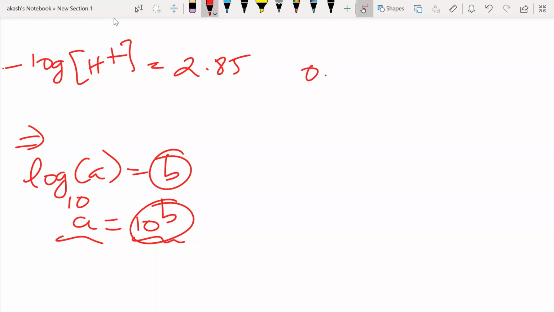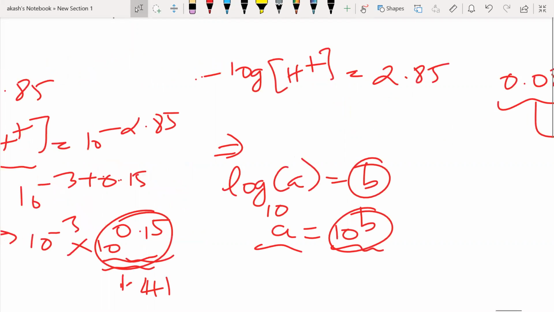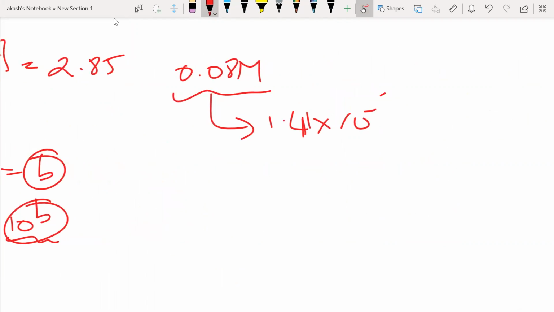The total concentration of the acid is 0.08 M, and from this I'm actually getting only 1.41 into 10 to the power minus 3. So you can understand that it's not a strong acid. That's what you need to understand.